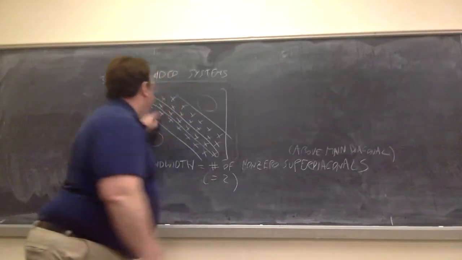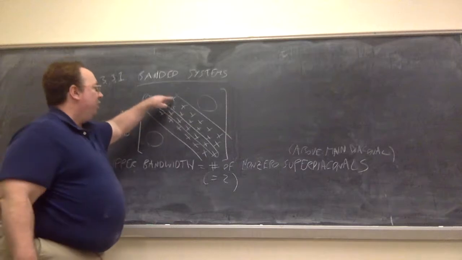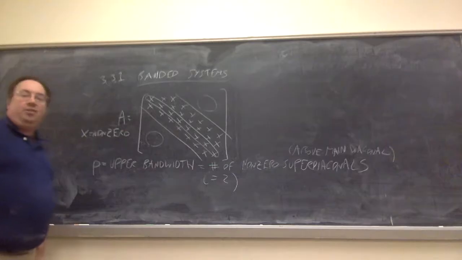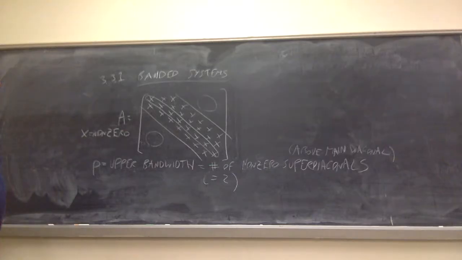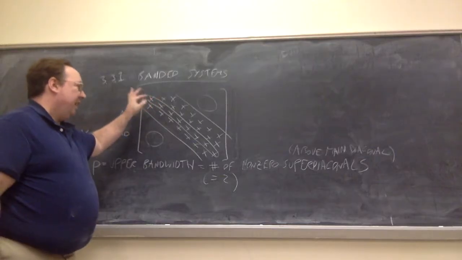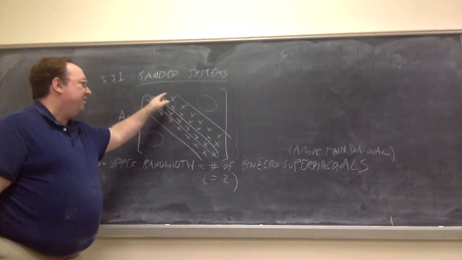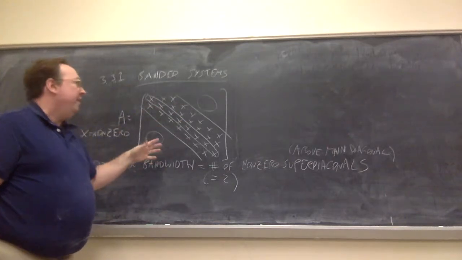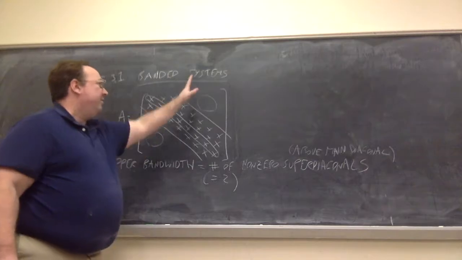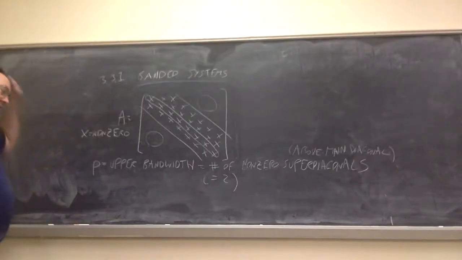So I have this superdiagonal and then one more above it. So 2 superdiagonals altogether have non-zero entries, and all other superdiagonals above that are entirely 0.